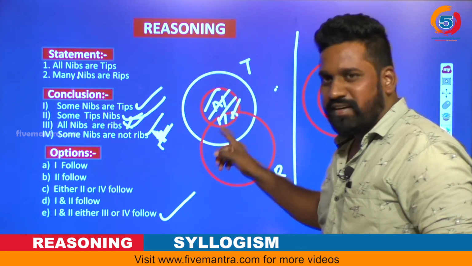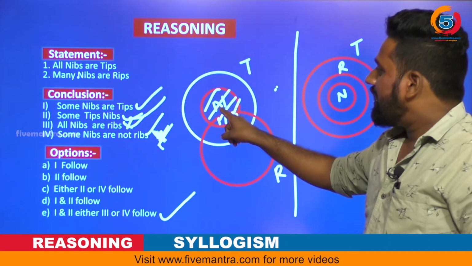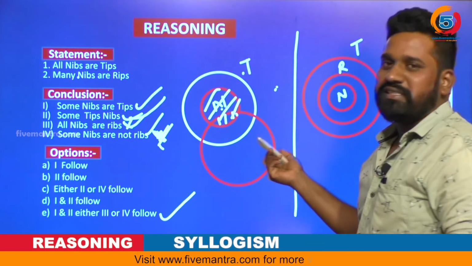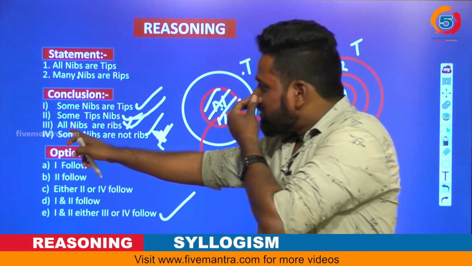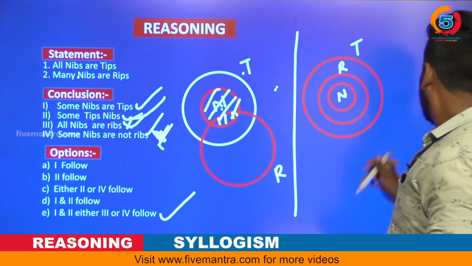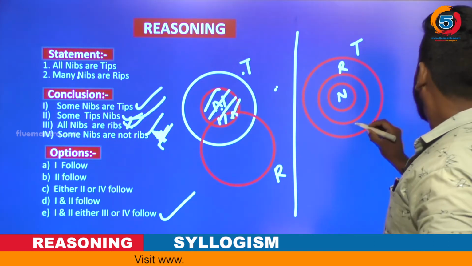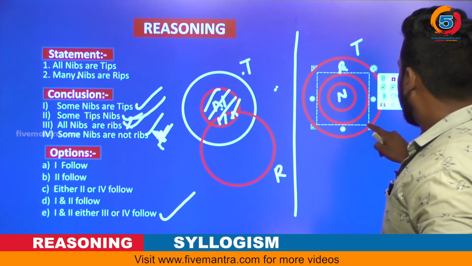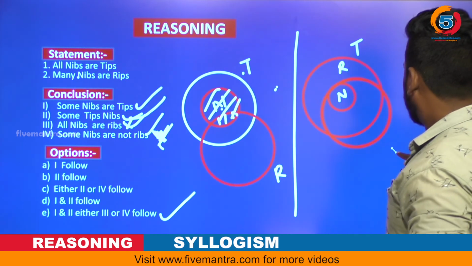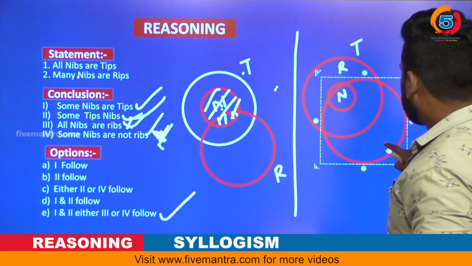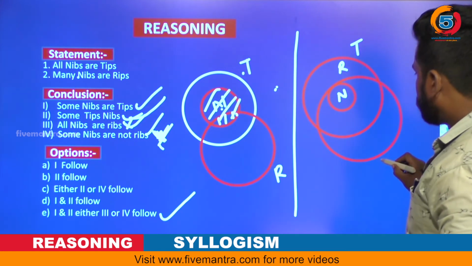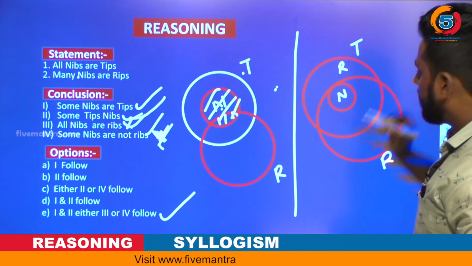If you take the first Venn diagram, what is it saying? All nips are tips, that is correct. Next, some nips are rips, that is given in the question itself. Coming to the third one, all nips are rips. If you take this Venn diagram, like this also you can write it, and this circle is rips.